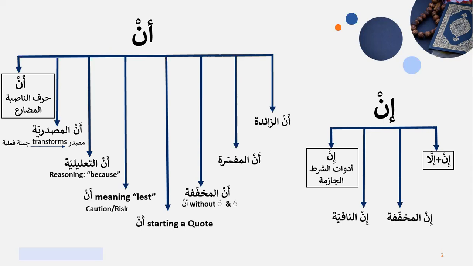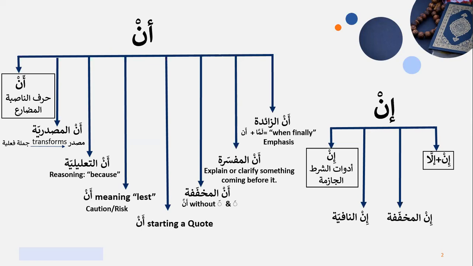An al mukhaffafa is basically anna without a shadda and a fatha, which is also called a lightened an. Then we have an al mufassira, which means which explains or clarifies something that is coming before it. It can also be said that it's kind of a badal or a bayan of something which came before, so you are further clarifying it.